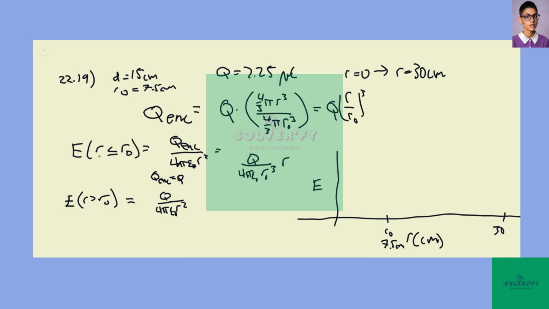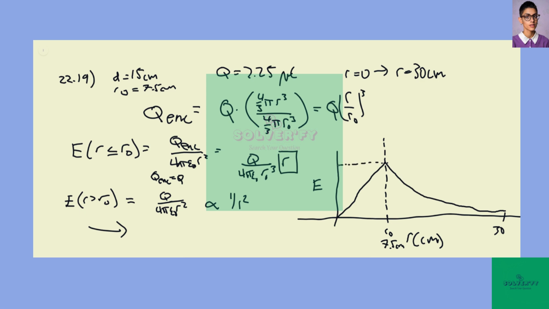So for r less than or equal to r naught, it only depends on r. It's a linear function. So this is just linear up until this point. And now we should see after this it is proportional to 1 over r squared. So it's going to decay as a 1 over r squared would, looking like something like this.